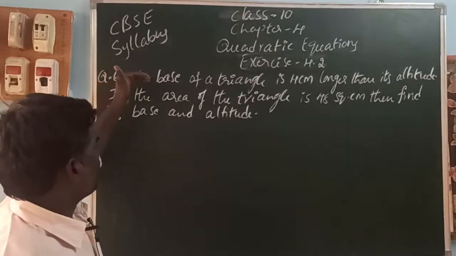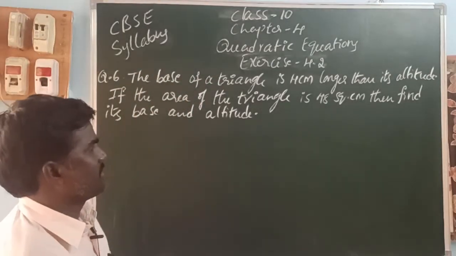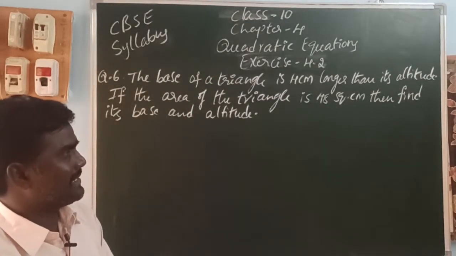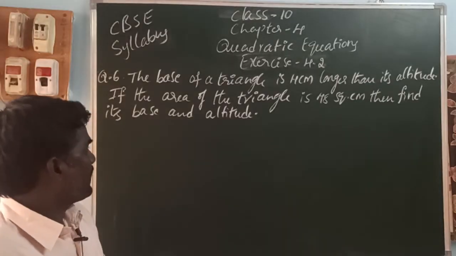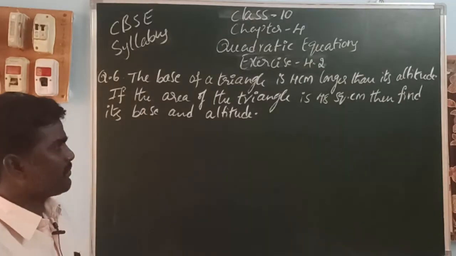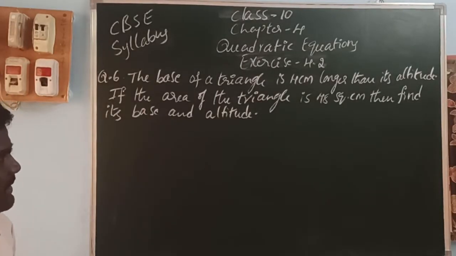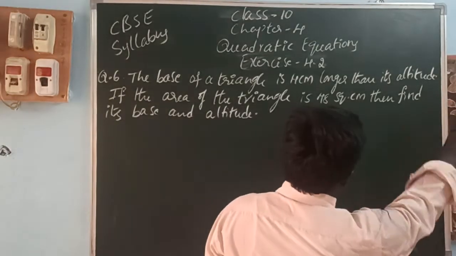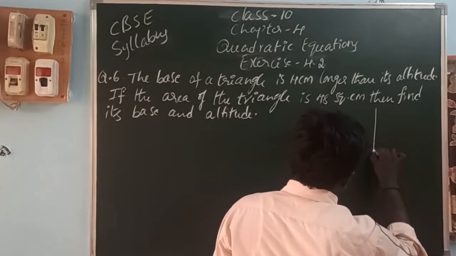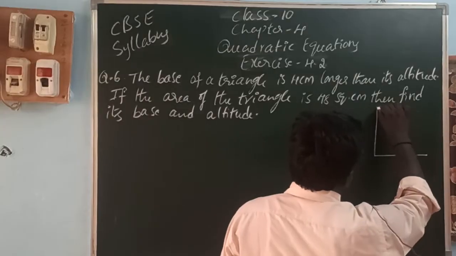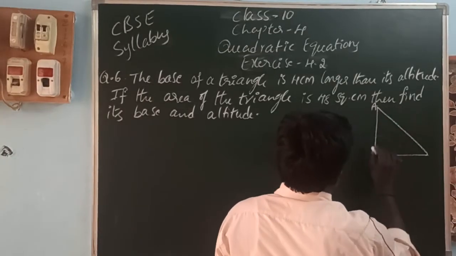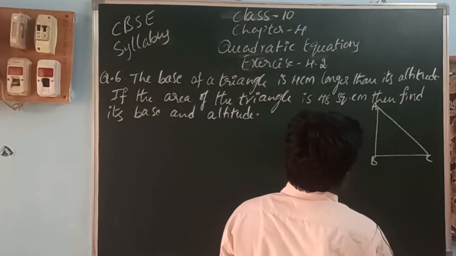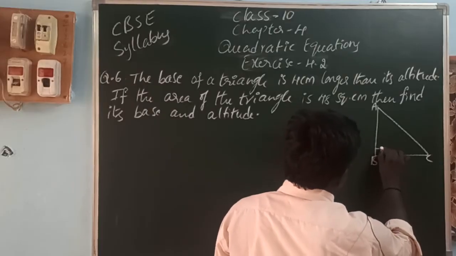Next question: the base of a triangle is 4 centimeter longer than its altitude. If the area of the triangle is 48 square centimeter, then find its base and altitude. Okay, here let us take the triangle ABC. Here AB is the altitude or height, BC is the base.